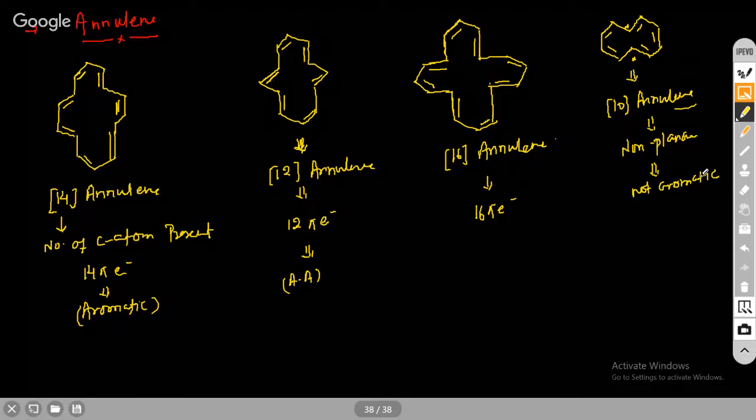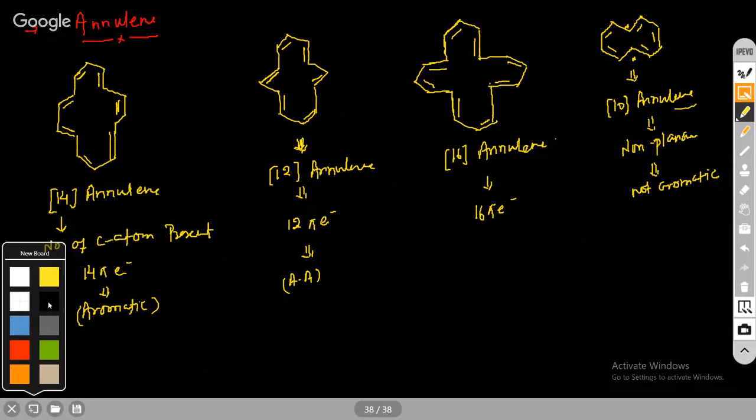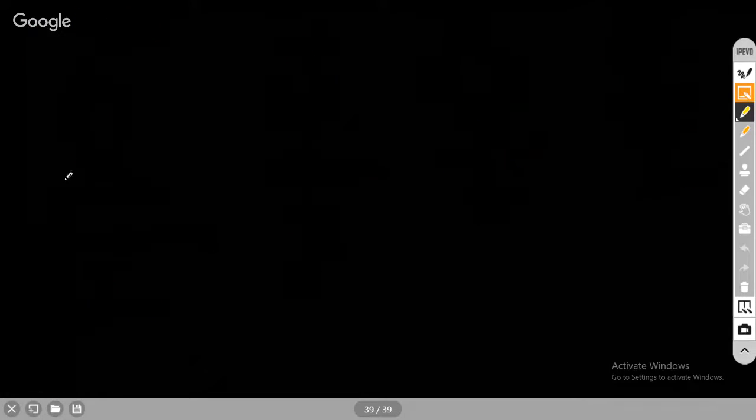Now we'll see other examples of whether the molecule is aromatic or not. I'll just write down the structures here. You have to tell me the number of pi electrons and then the behavior: aromatic, anti-aromatic, or non-aromatic. Non-aromatic if any sp3 hybridized carbon is there.